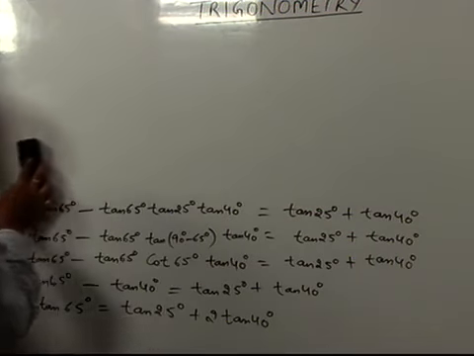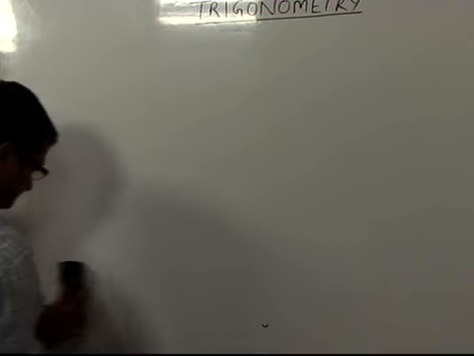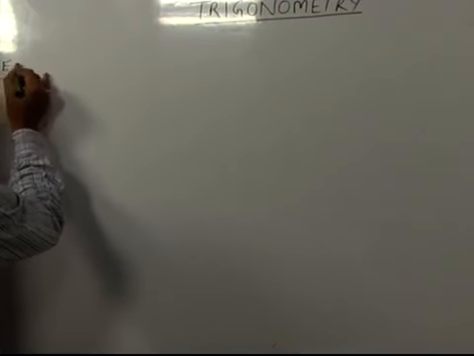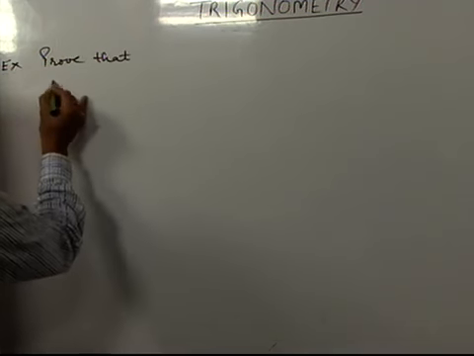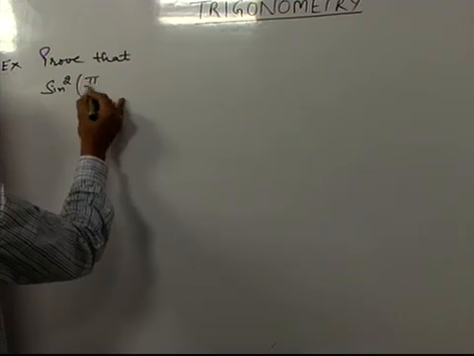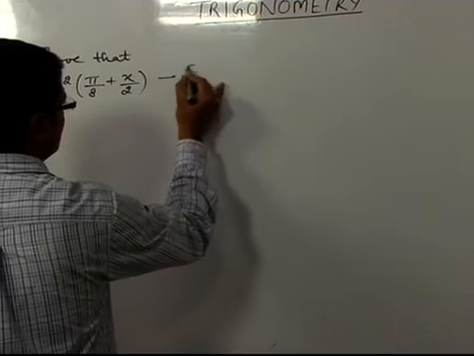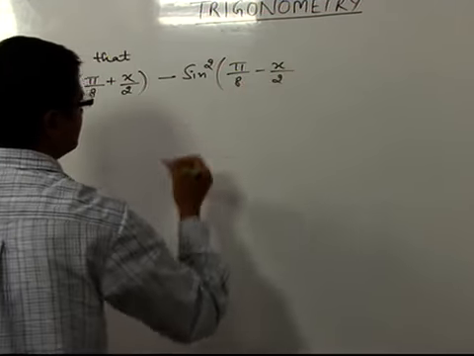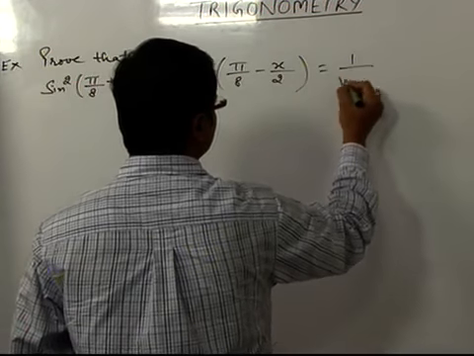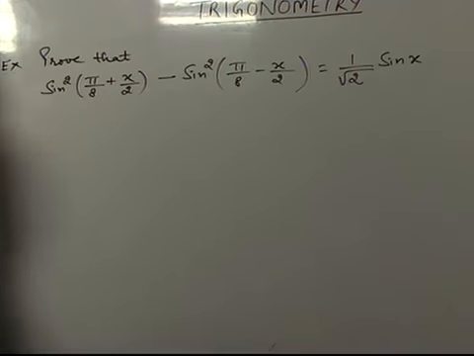Let's take next example on basis of product formula. Prove that sine square pi by 8 plus x by 2 minus sine square pi by 8 minus x by 2 is equal to 1 by root 2 sin x.